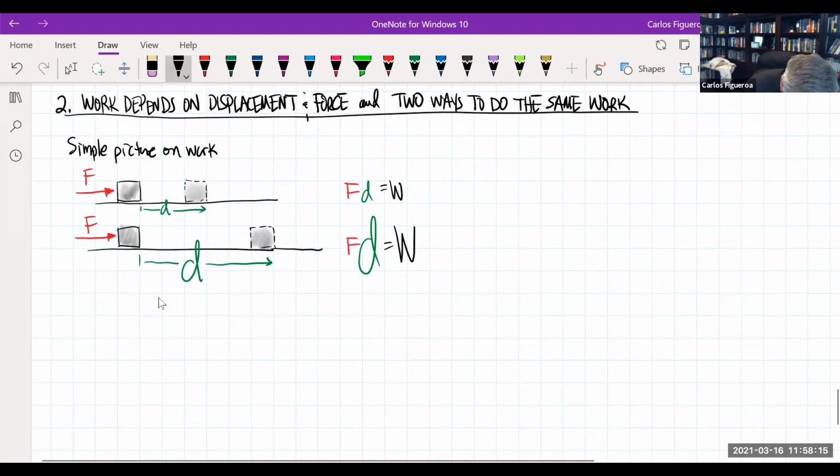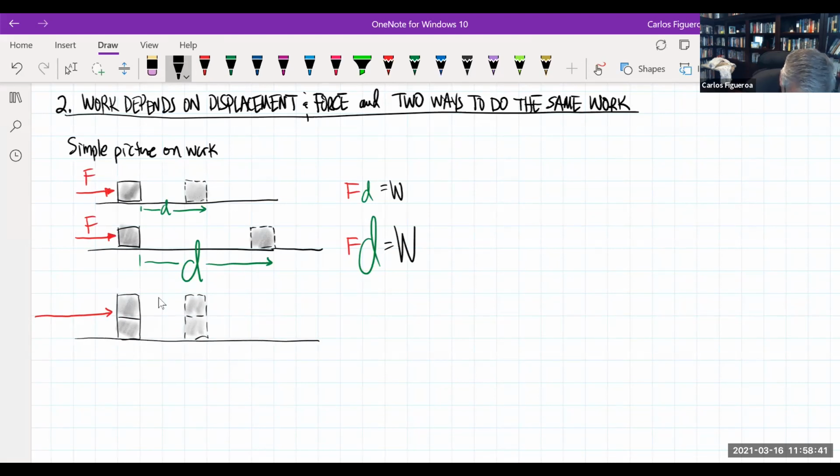If I have a block that's twice as big, and now I move it initially this distance right here, this force, because it's twice as massive, has to be twice as big.